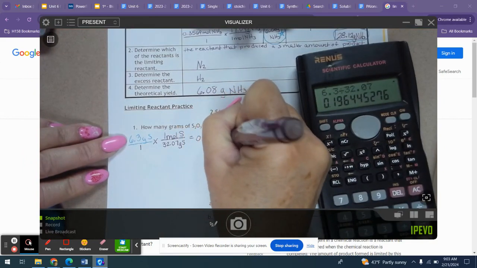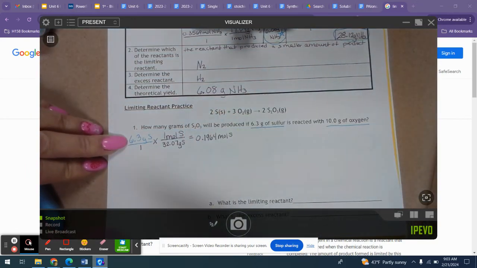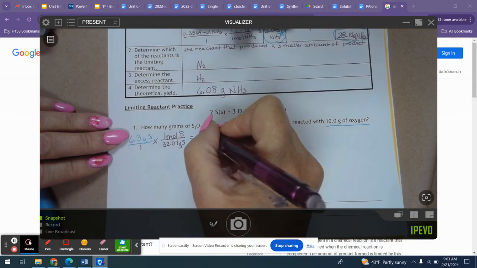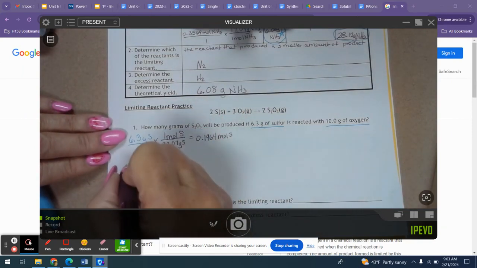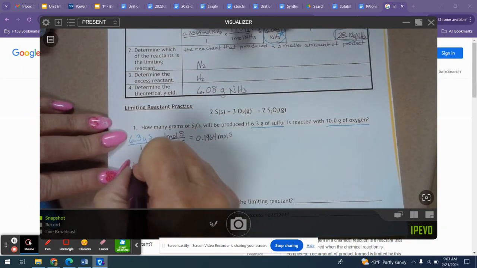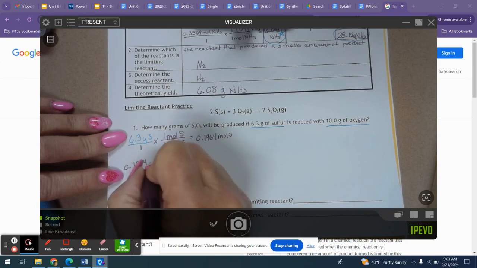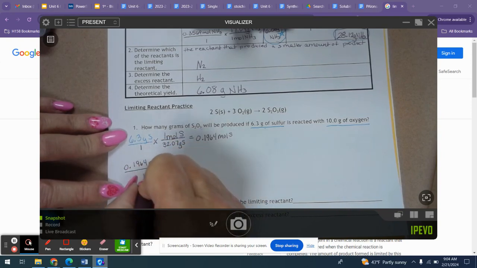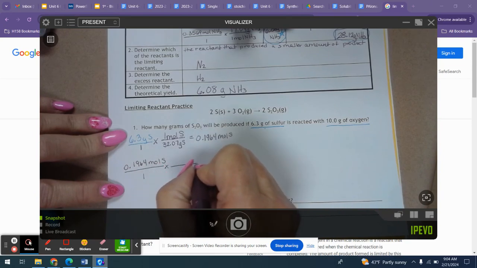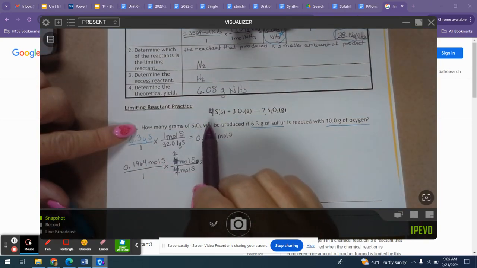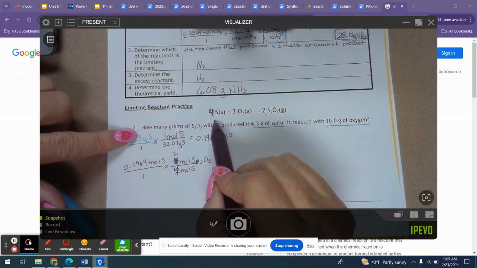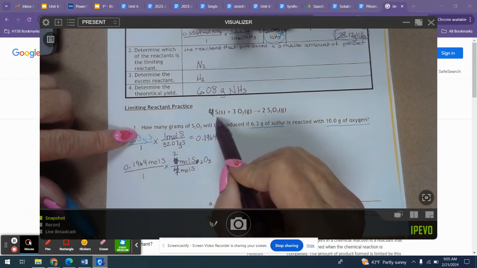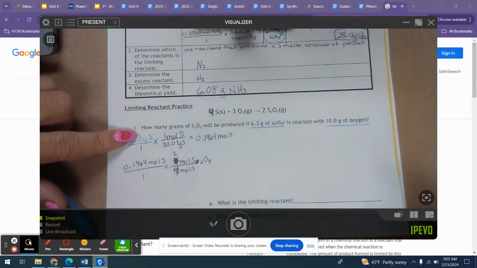moles of sulfur. Now we need to convert from moles of sulfur to moles of S2O3. We start with 0.1964 moles of sulfur and use the mole ratio. I had misbalanced the equation, so notice I changed this to 4 moles of sulfur to produce 2 moles of S2O3.